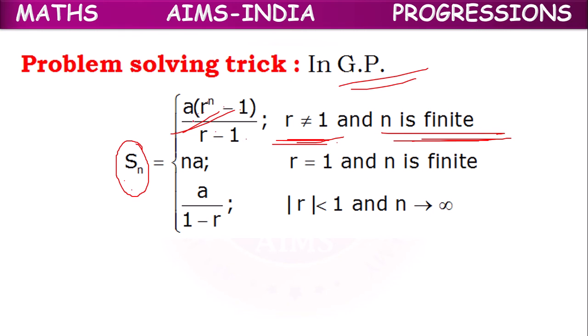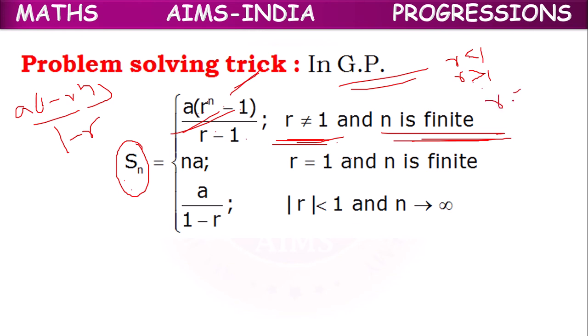In this one also, if r is less than 1 or r is greater than 1, we have two different formulas. If r is less than 1, then the formula becomes a into 1 minus r power n by 1 minus r, and if r is greater than 1, we have to use this formula.